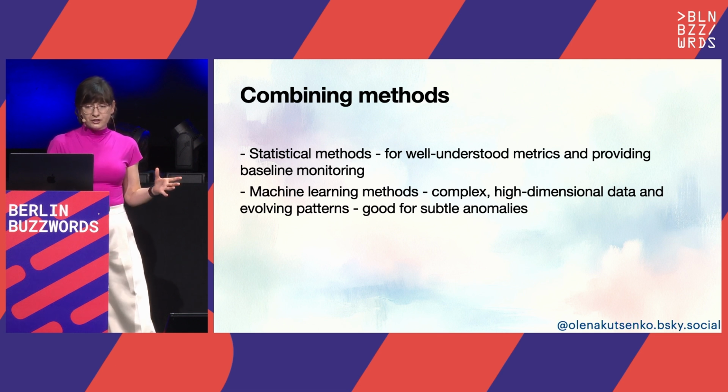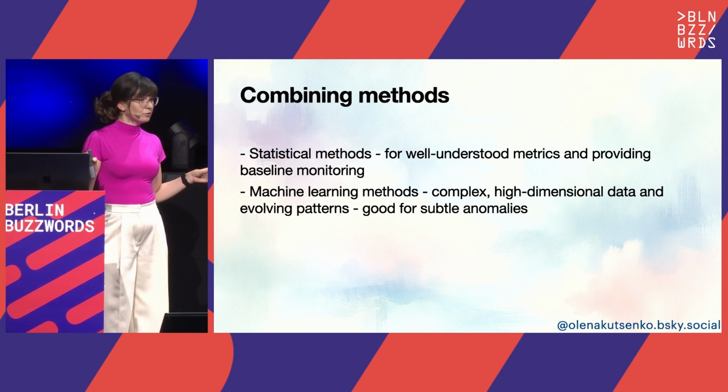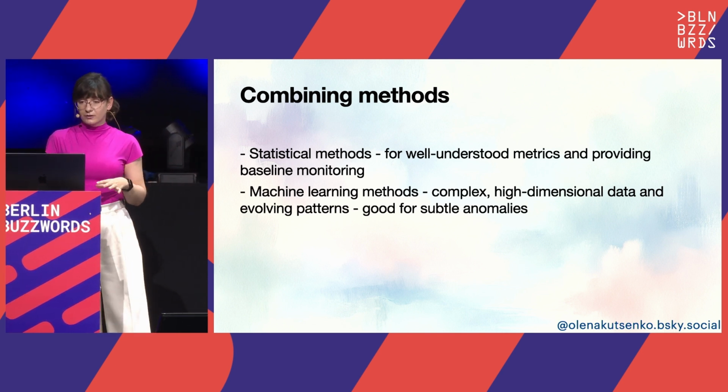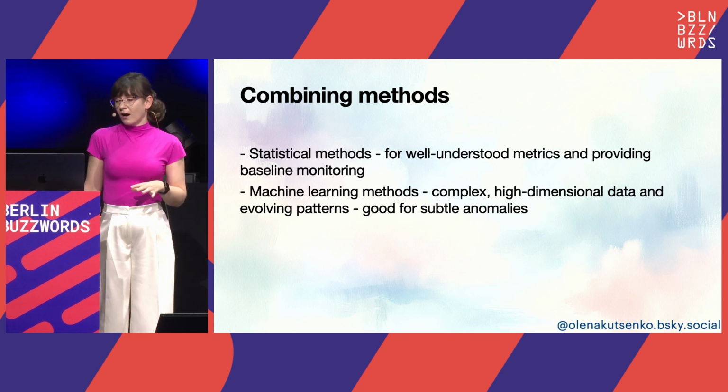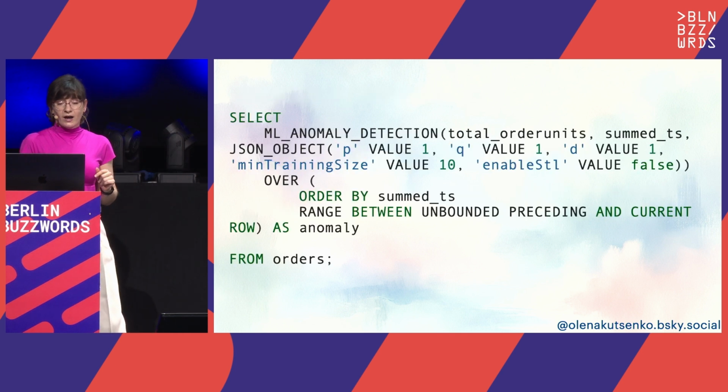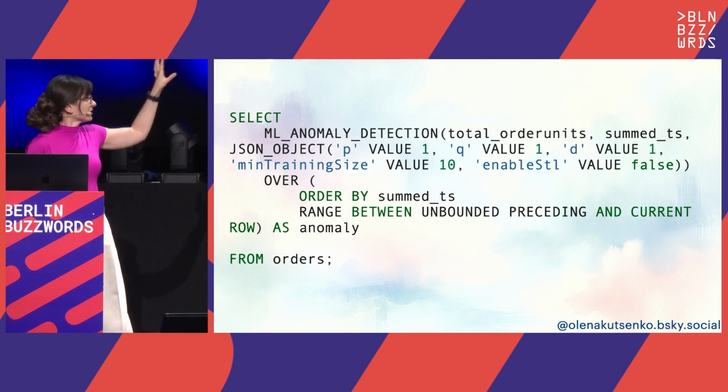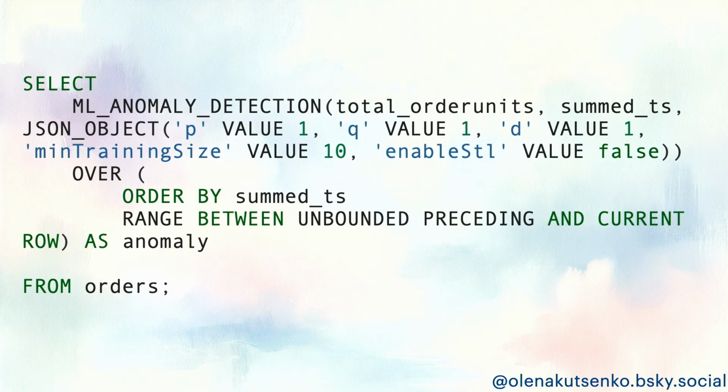The current industry trend is to combine those two. This is actually where we at Confluent, based on our expertise, combine statistical models with some ML features. We are using the ARIMA model.